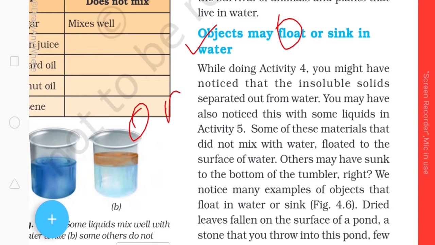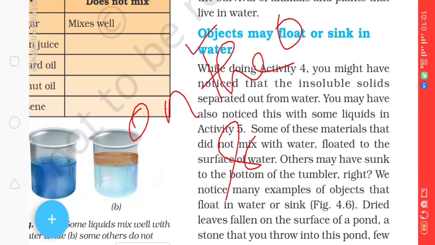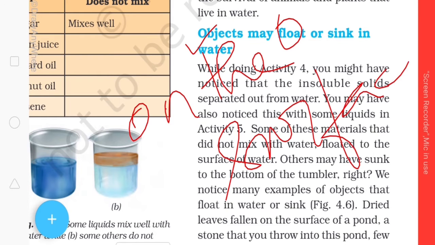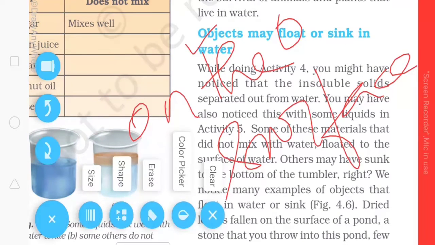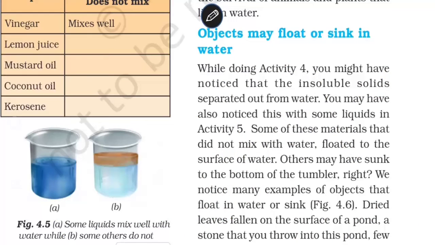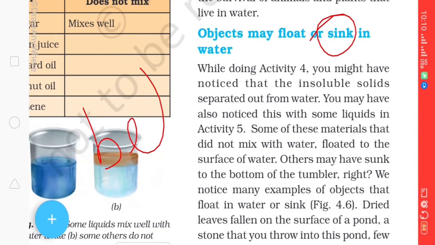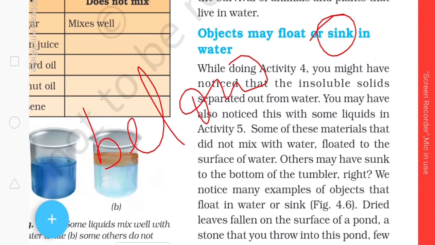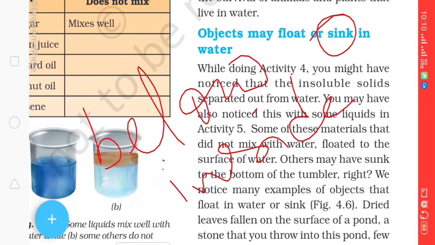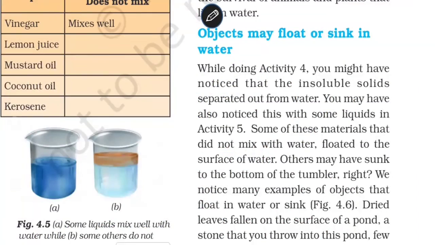And in case of sink, what happens? The object will go below the water, below or inside.